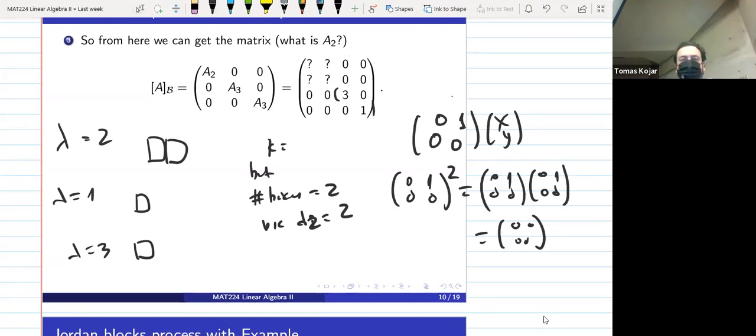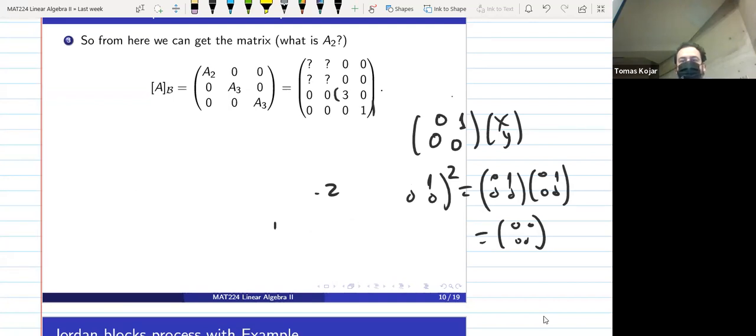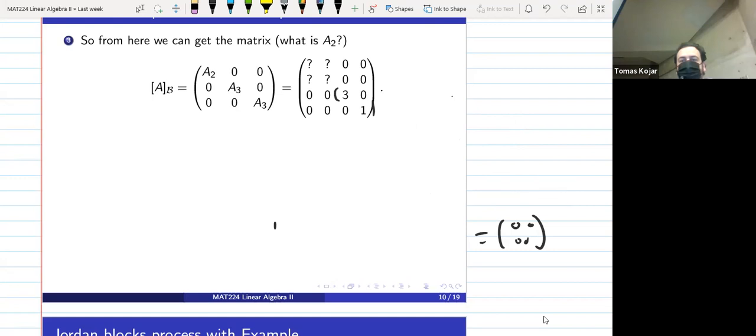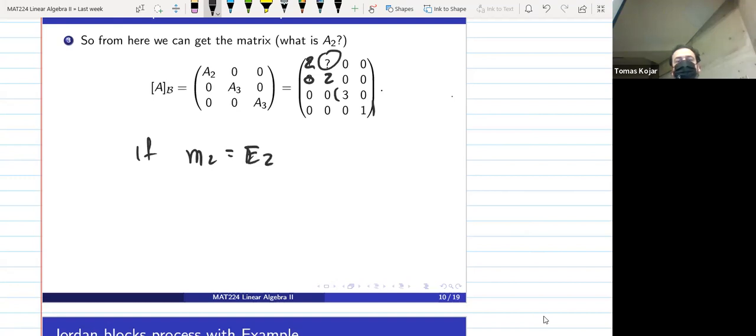So let me explain what happened here. Let me come back to it. So you have 3 blocks, and the question was, do you put a 1 or star? Well, if M2 was equal to E2, then the question mark is 0.